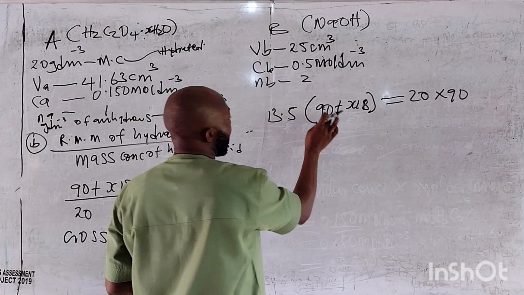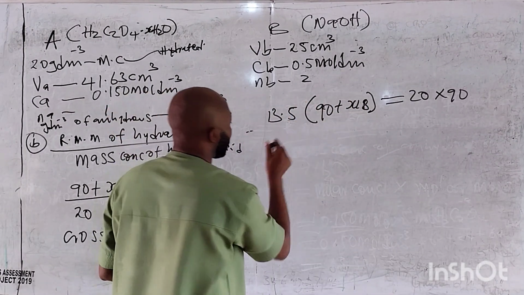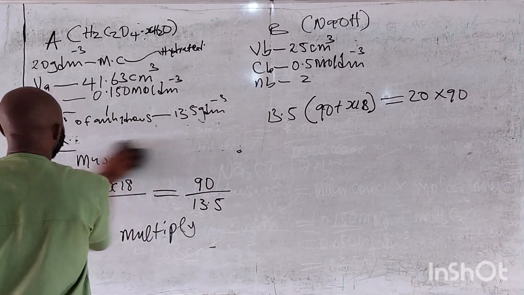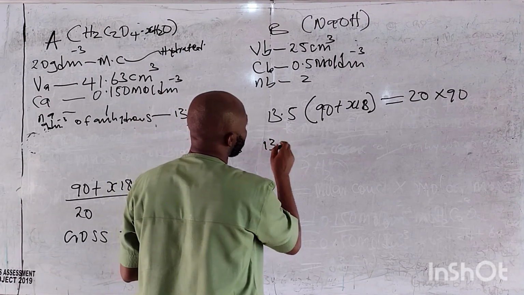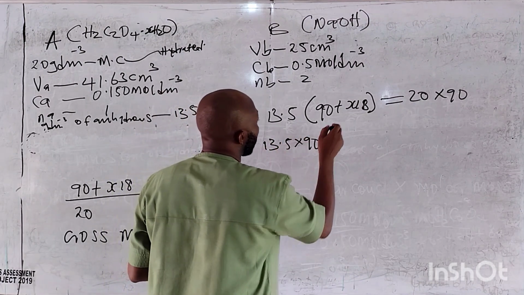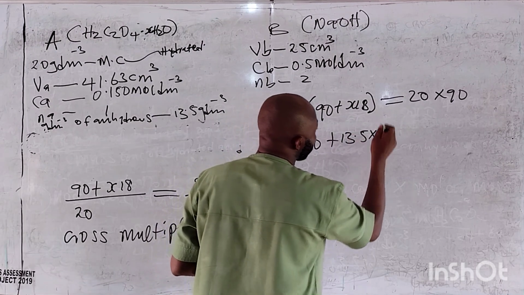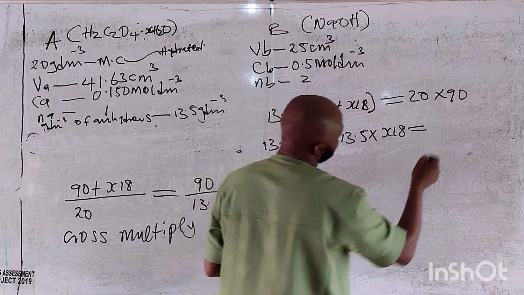Now 13.5 times this means I have to expand the bracket by multiplying. So I will have 13.5 times 90 plus 13.5 times 18X equals 20 times 90.